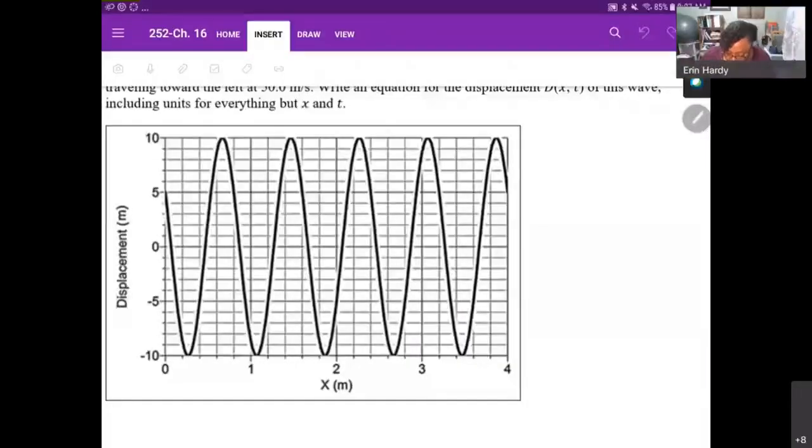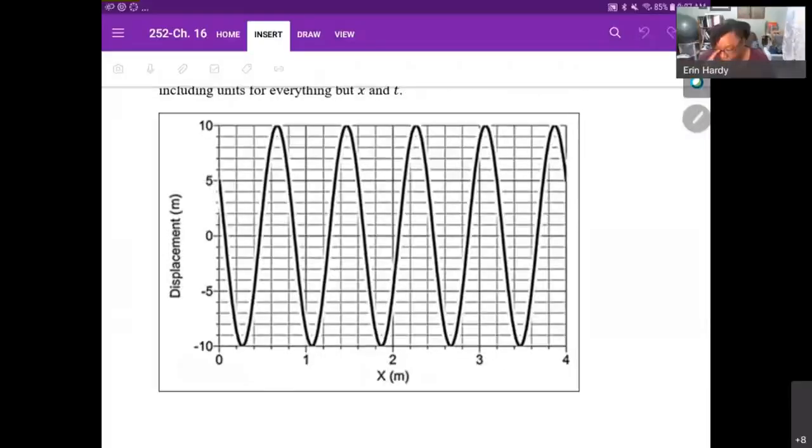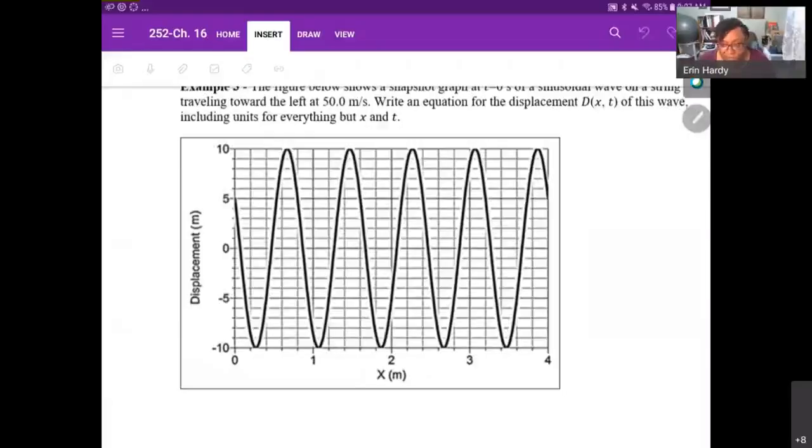Okay, so we have a displacement versus position graph. The first thing that we can do is make a few measurements off of this graph so that we can determine the wavelength of this wave and the amplitude, capital A. So let's do the amplitude first.